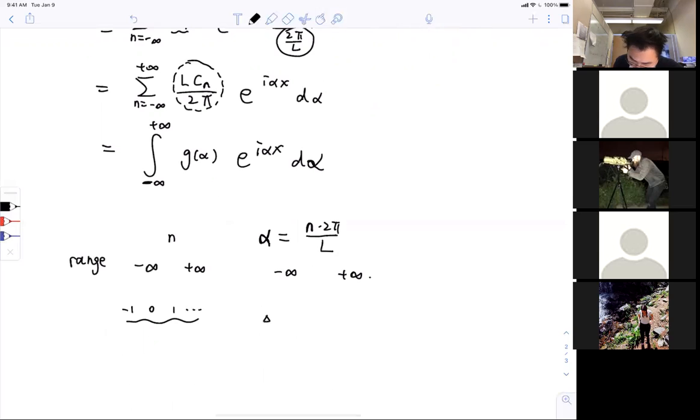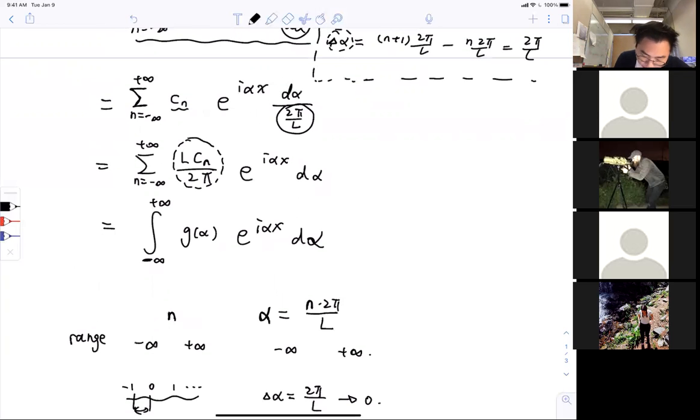The reason n is a discrete variable is that the increment is 1, a finite constant value. But for alpha, the increment is 2 pi over L, which goes to 0, meaning it's a continuous variable. A sum over a continuous variable becomes an integral. So this is the reason why the sum over n becomes an integral when we change the variable to alpha.